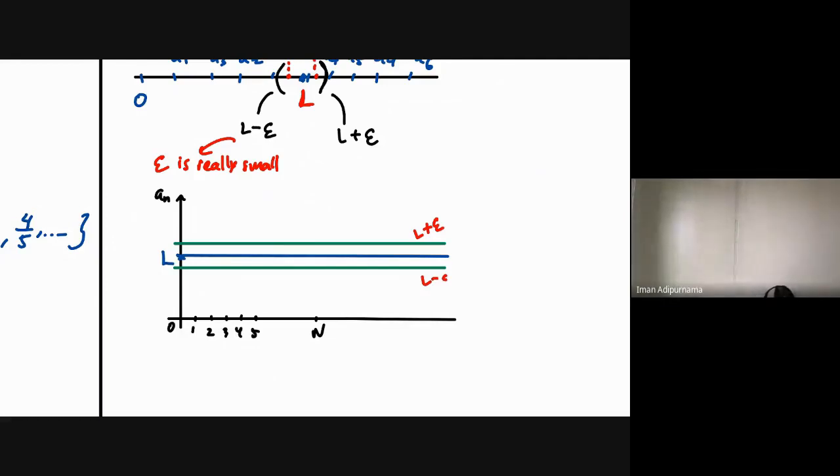Okay, the gap is epsilon. And maybe we can plot the point, and maybe it will go here. And of course, if we see this graph, we say it's converged. Okay, we say it's converged.